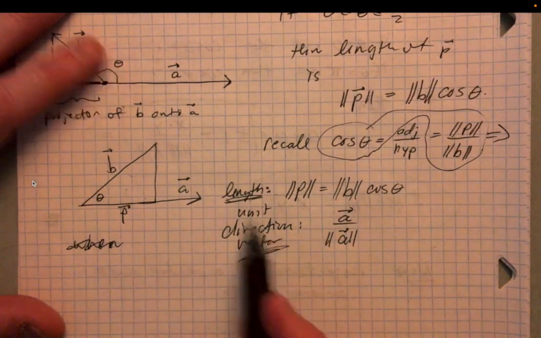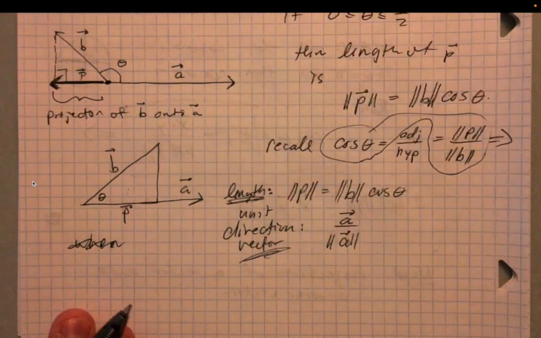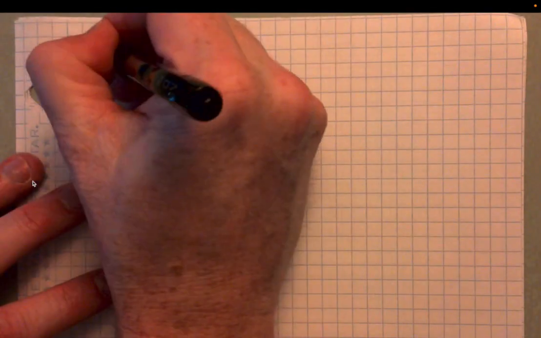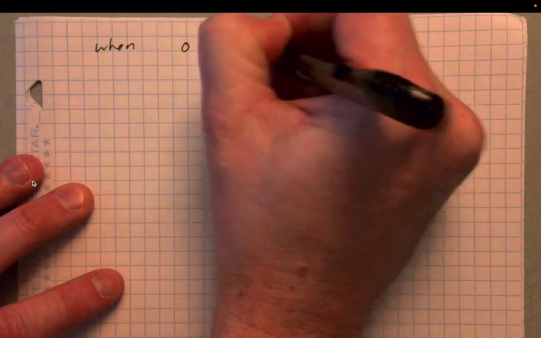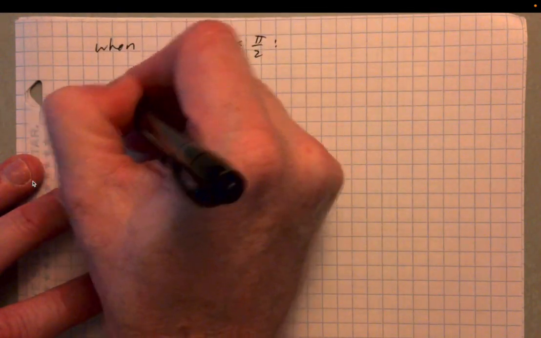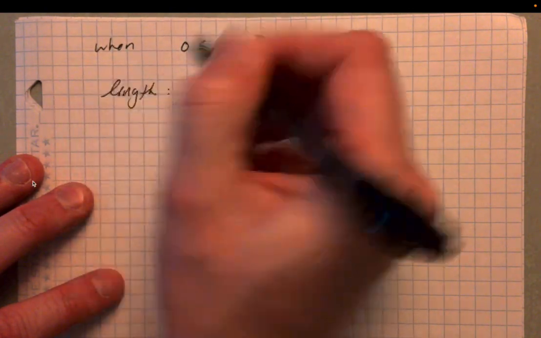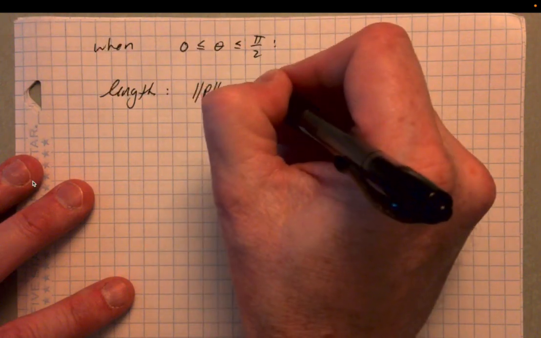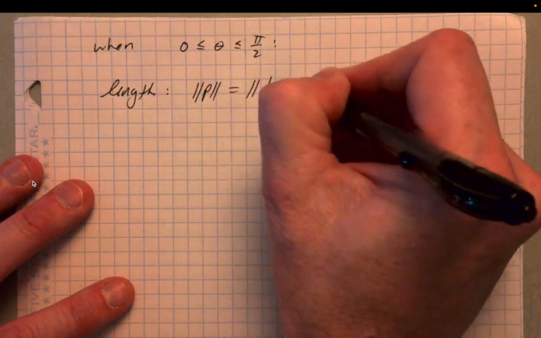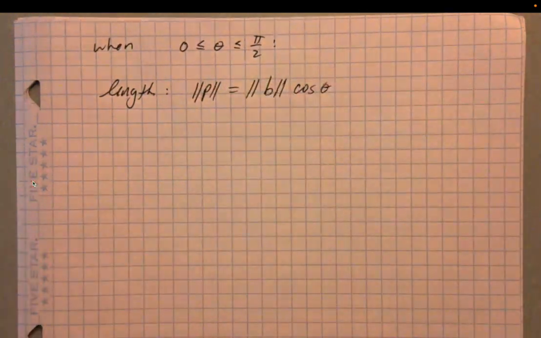Okay, so this is in the case of theta being an acute angle. Let me summarize that. When 0 is less than or equal to theta, which is less than or equal to pi over 2, then the length of P is given by the norm of B times cosine of theta.